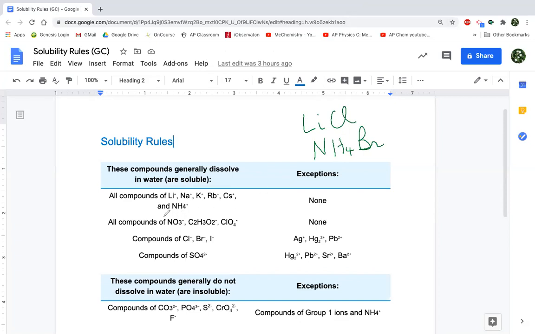Our second group of compounds, now we're looking at the anion. Up here we looked at the cation. So for our anions, the nitrate ion, the acetate ion, and the perchlorate ion, if any compound has any of these in it, then we would expect that compound is soluble. So we could have magnesium nitrate, and we would expect that to be soluble, or we could have sodium acetate.